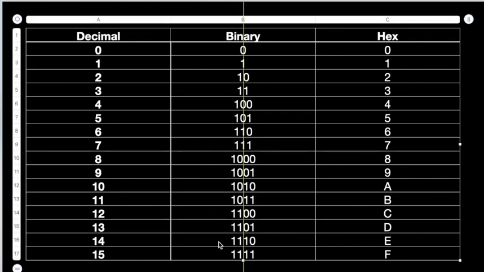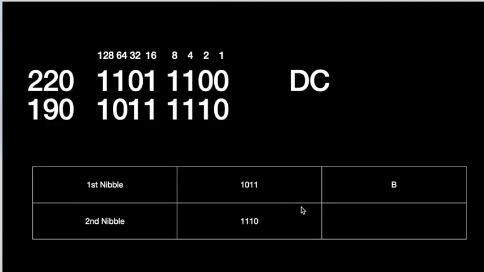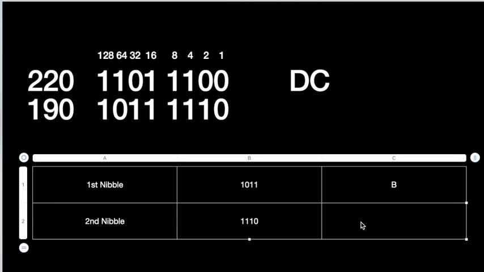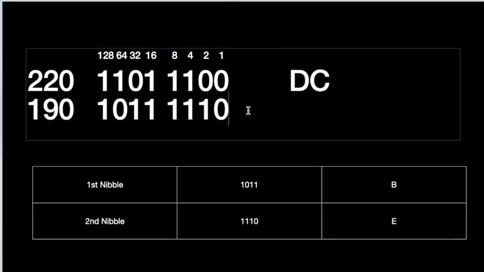So this is 1110, that is 14. 14 means it's E. So the second nibble comes out to be E. So very simple, the hexadecimal conversion of our number will be BE, and that's it.